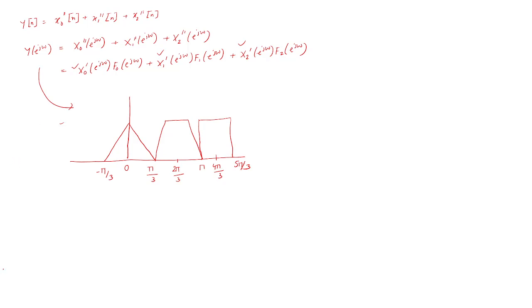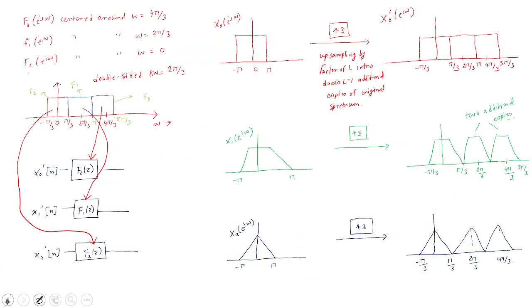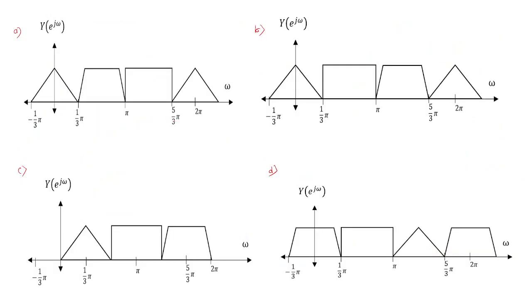So let us see which of the options matches with our answer. Yes, I think this one does. From minus pi by 3 to pi by 3, this spectrum is triangular, then around 2 pi by 3 you get the trapezium shaped spectrum, and then around 4 pi by 3.